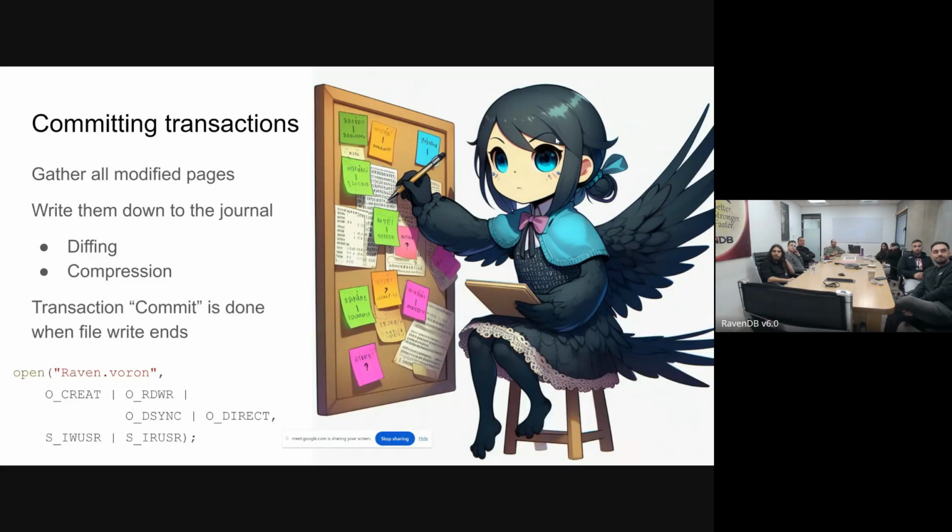At the end of the day, we need to commit. So we take all of the local modified pages. This represents the change set of this transaction. Now, this is really important because it does not represent operations. It represents the physical changes made on the memory.